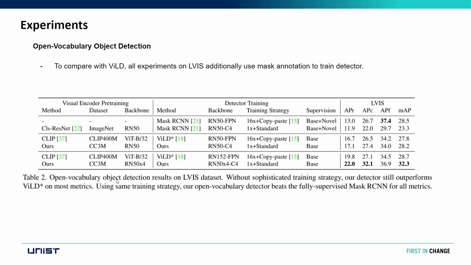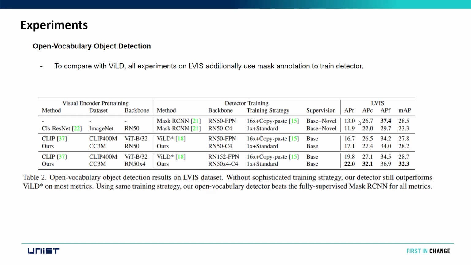So this is the results of open vocabulary object detection on the LVIS data set. I forgot about this.